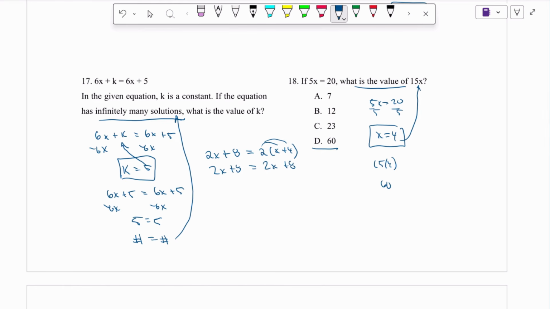If you did not notice that they were both the same thing on each side, you could keep on going and subtract 2x from both sides and get 8 equals 8, which means it would be infinitely many solutions. This here is a little bit more difficult to see compared to the 6x plus 5, 6x plus 5 scenario.